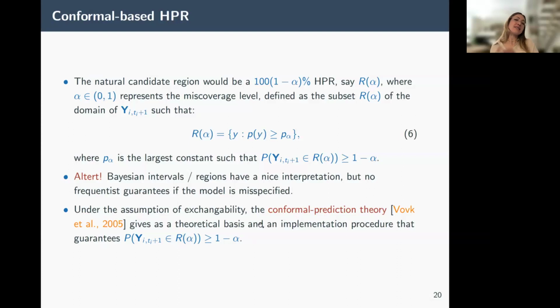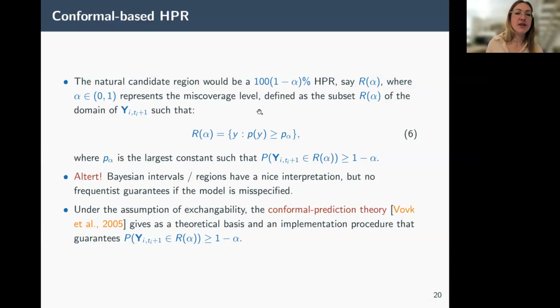And under some assumptions on the data, for example, in this case, the data can be our draws from the posterior predictive distribution, it ensures that the probability that a new test will fall within this region is going to be greater or equal than 1 minus alpha, where 1 minus alpha is our coverage level, the one that we want, and y_{i+1} is the new test for which we want to build a prediction region. And R is the prediction region at the level alpha.